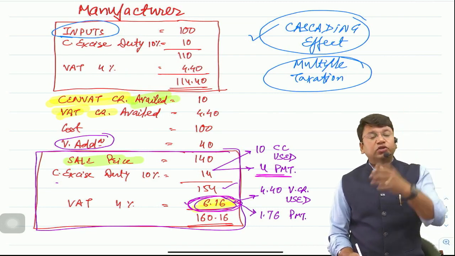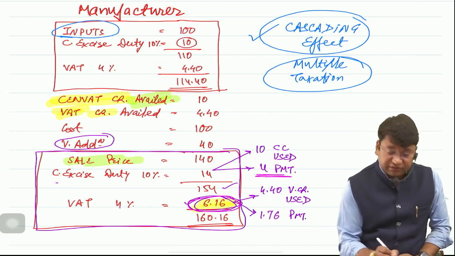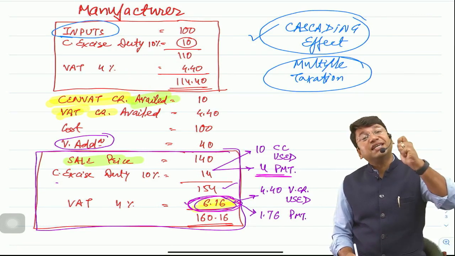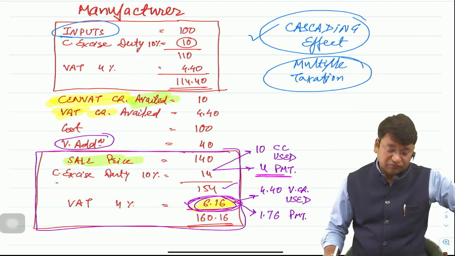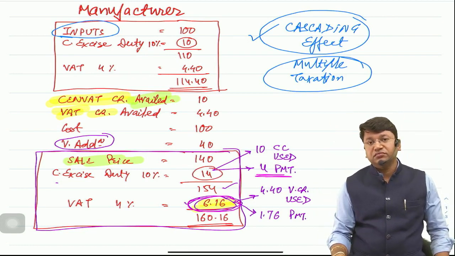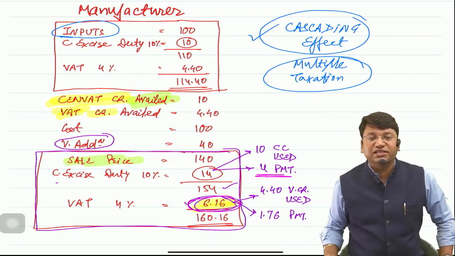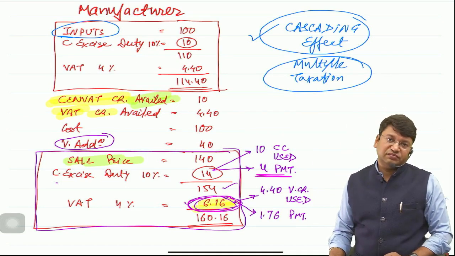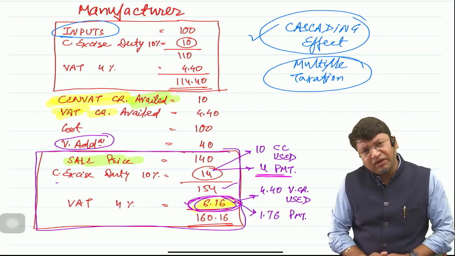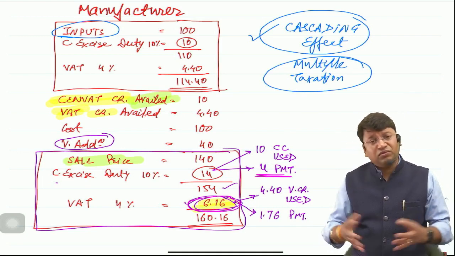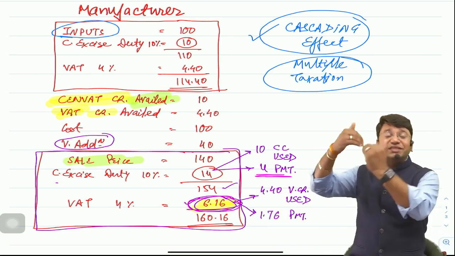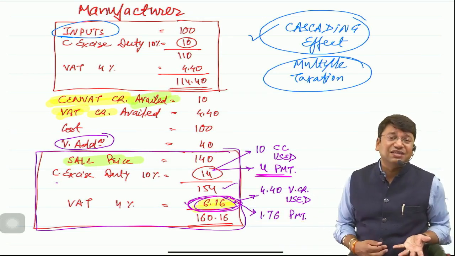And on your sale, suppose excise duty is exempted. On your sale, suppose no excise is being charged. On your sale, if no excise is being charged, you tell me whether multiple taxation will take place. Answer is no. Whether cascading effect will take place. Answer is no. Why? Because on your sale, tax is not being charged.